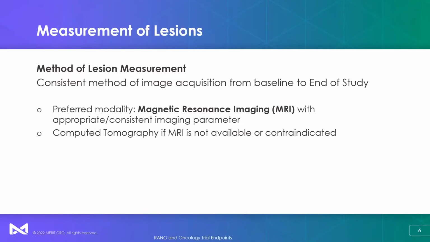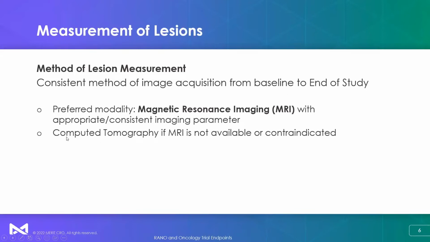And for the method of the lesion measurement or assessment, in the RANO, they do recommend the magnetic resonance imaging is the preferred modality. And of course, the MR has to be acquired with the appropriate and consistent imaging parameters.